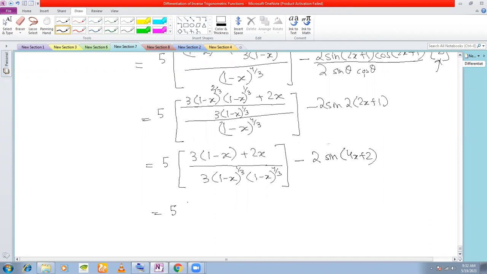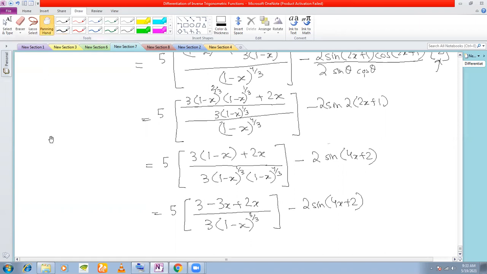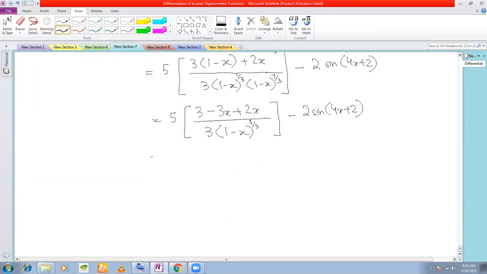So now here you have 5 times (3 minus 3x plus 2x) divided by thrice (1 minus x) to the power of 1/3 plus 4/3 is 5/3, minus twice sine(4x plus 2). And we have got the answer.